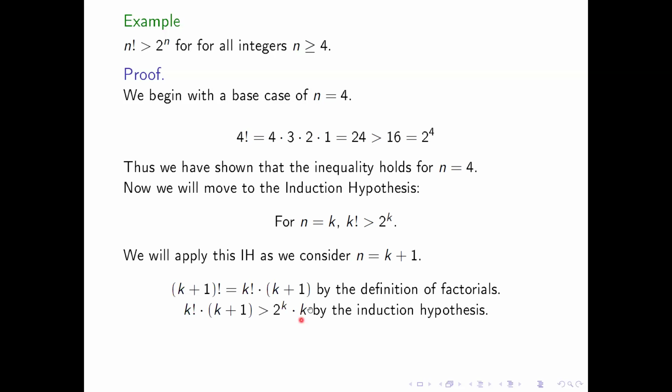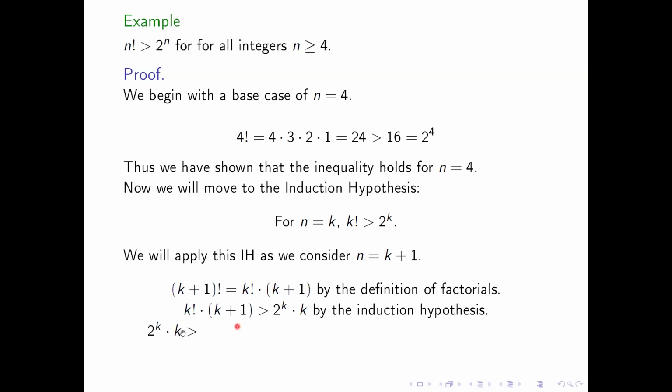I could have even made this k plus 1, but I made this even smaller. The reason being that we know k factorial is bigger than 2 to the k, and k plus 1 is bigger than k. So since both things we're multiplying on the right-hand side are smaller than both things we're multiplying on the left-hand side, the right-hand side is smaller.